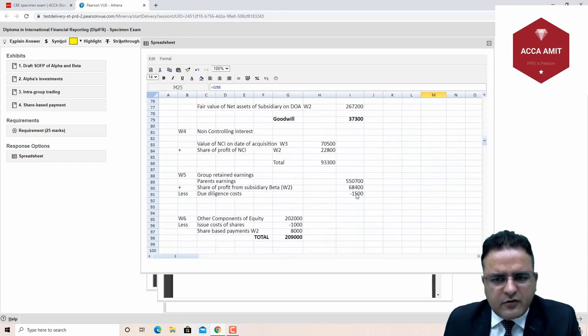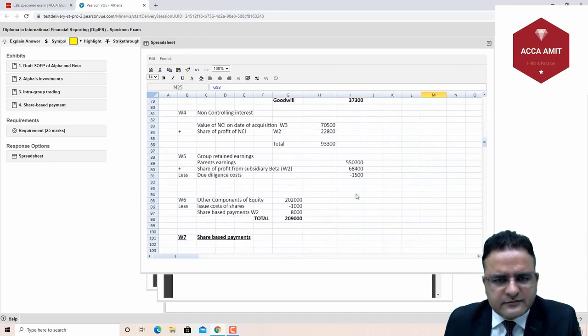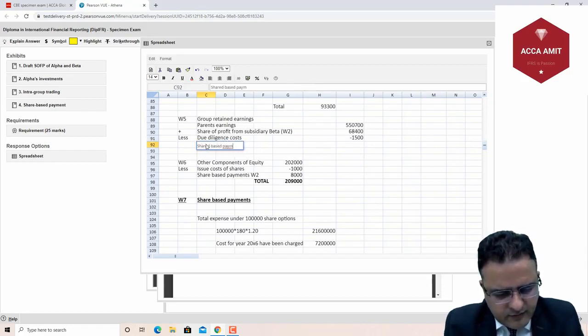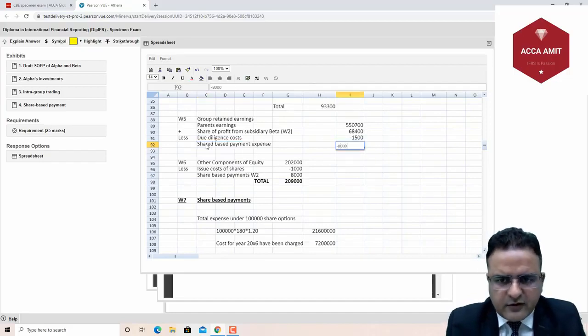So there is share-based payment expense to be charged. Share-based payment expense, which is equal to 8,000.